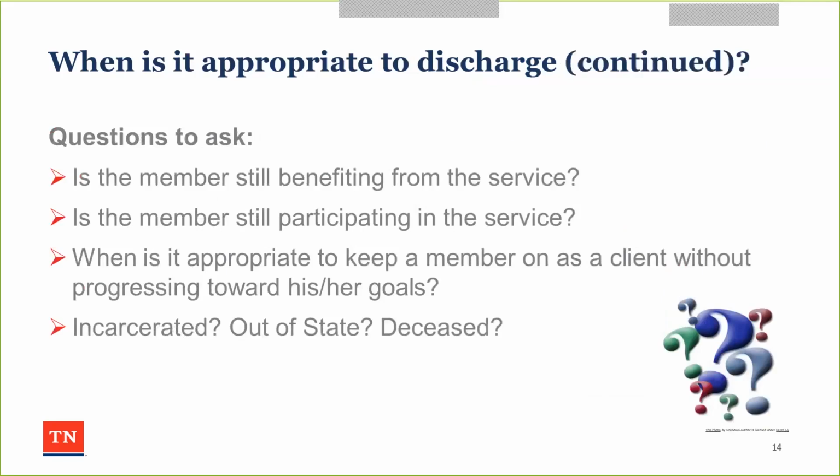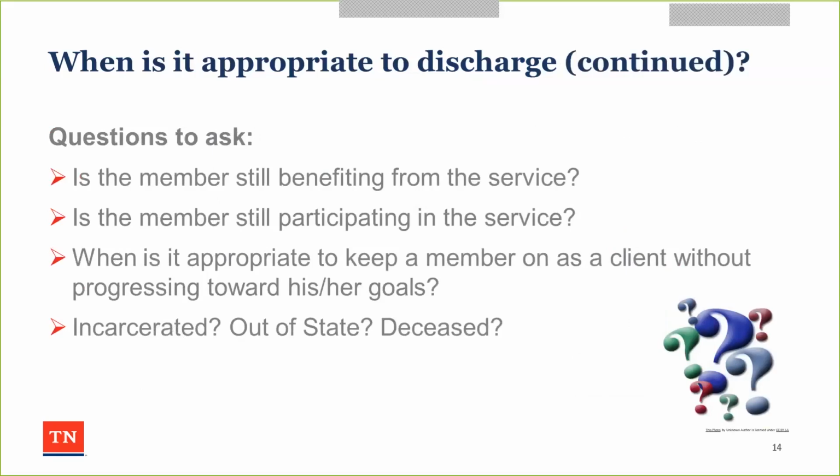So to continue that question of when it is appropriate to discharge, some of the questions to ask: is the member still benefiting? One of the things that we need to be mindful of, going back to the limitations of resources, is how much benefit is the member receiving in continuing the service? Are they still making progress toward the goal? The next item is, is the member participating in the service?